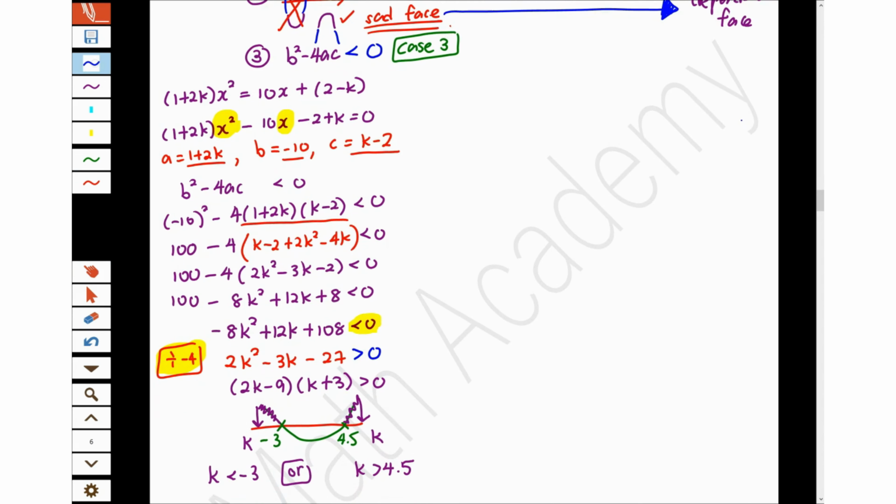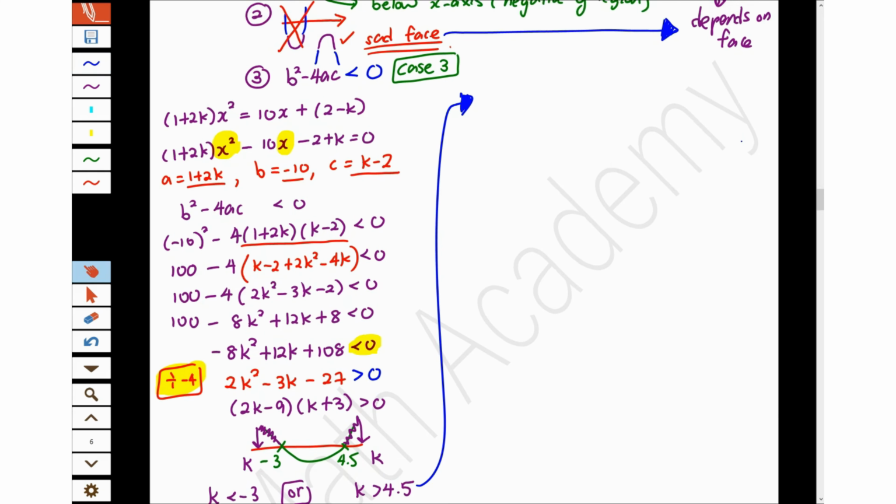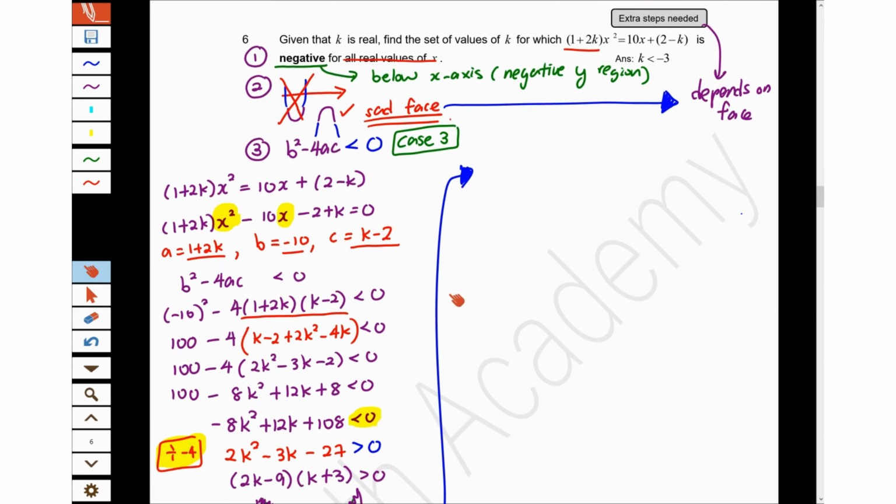Okay, I'm going to put an arrow to write down on the right hand side. Proper statement now. Since the graph is n-shaped, we know that the coefficient of x squared is less than 0.